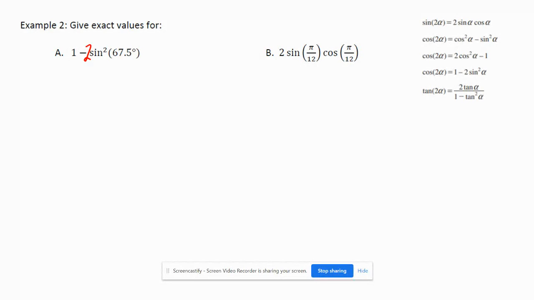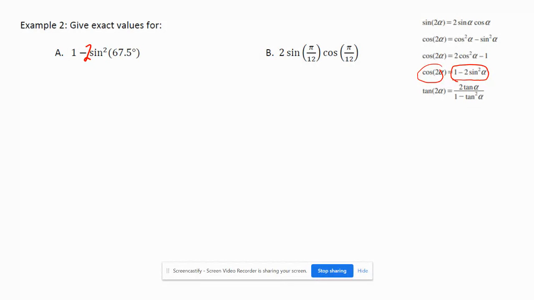Now 67.5 is not a value on our unit circle. But if we look at this expression, 1 minus 2 sine squared 67.5, we see something very, very similar to that right here. So we're allowed to make a replacement like this.